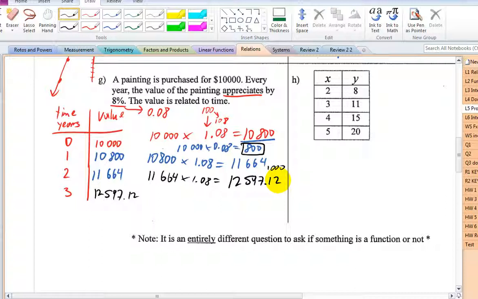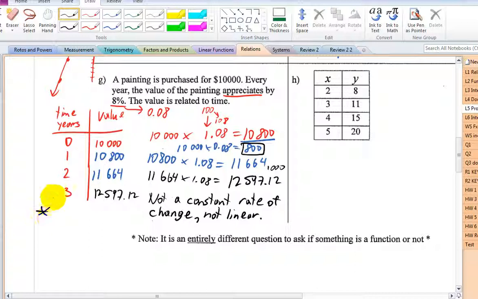Right? So there's a big difference there. You're going up by more. It's not a constant rate of change. So it's not linear, because it's not a constant rate of change for appreciation.